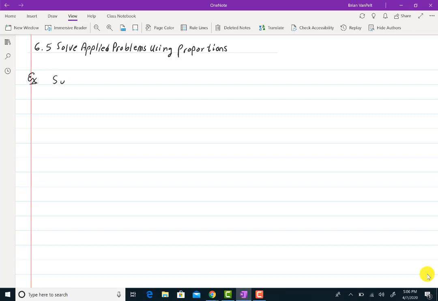So suppose a recipe calls for 1/3 cup of sugar and it serves 4 people.